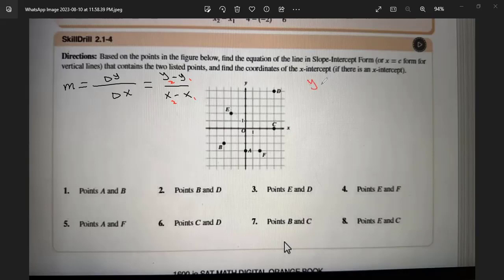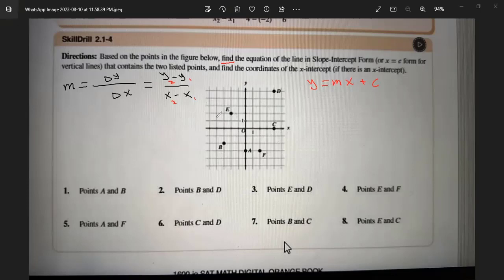This is the slope, because every time we will find mx plus c equal to y. This is the first requirement for every question here. Second part, we will plug in with a point, any point, from 1 to 8. Any point here we can plug in for each question, okay?